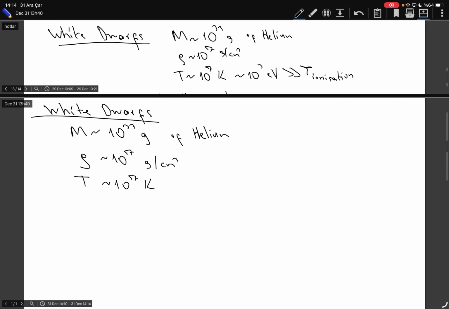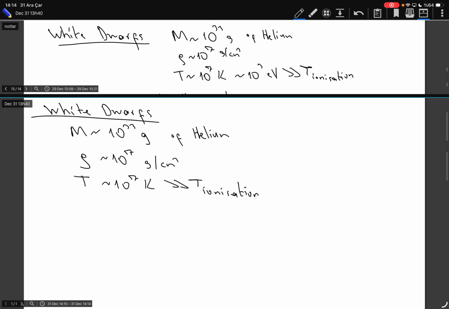And remember, the ionization energy typically is of the order of electron volts, which is much, much larger than the ionization temperature here, 10 to the power 7 Kelvin. So we can safely say that whatever atom is in there, it's completely ionized. It will be mainly helium. So all the helium is ionized.